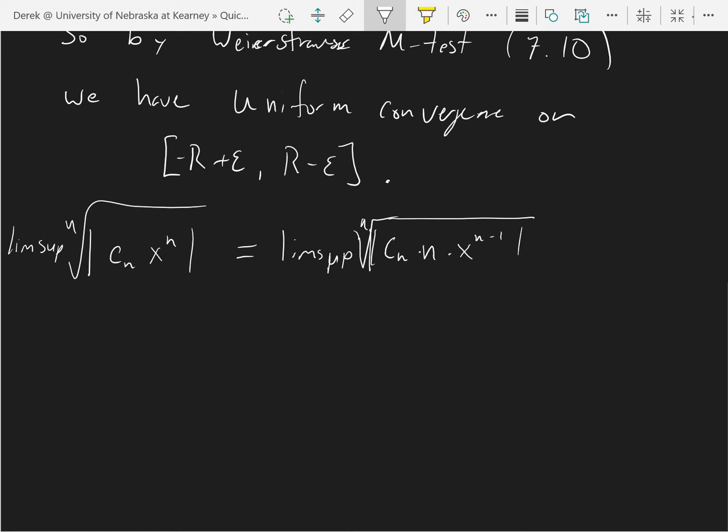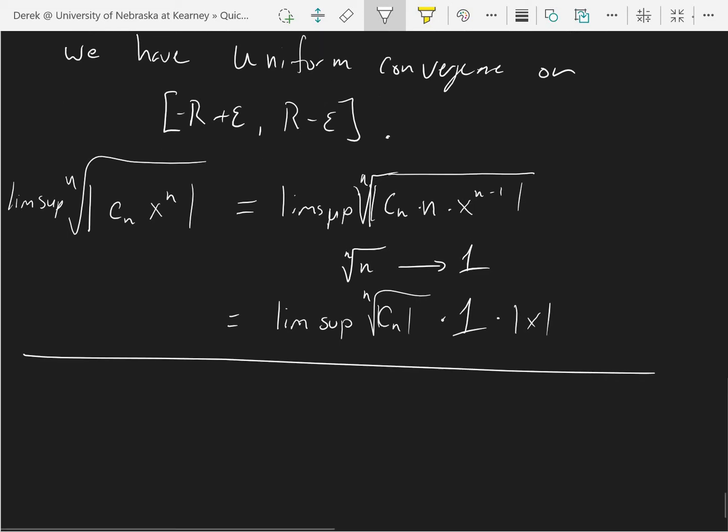Why is that? It's because the nth root of n goes to 1, right? So I can break this up into two pieces, and this would be the lim sup of the nth root of the absolute value of c sub n, times 1, times the absolute value of x. So we have the same radius of convergence for both of these.